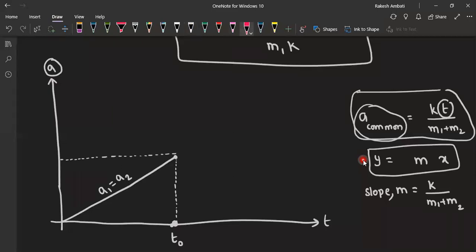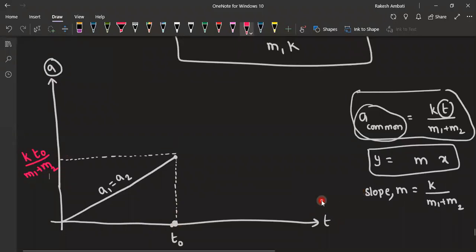Refer to this equation: kt upon m1 plus m2, and the t value we take is exactly t0. So k t0 upon m1 plus m2. So exactly at t equal to t0, the maximum common acceleration is kt0 upon m1 plus m2.